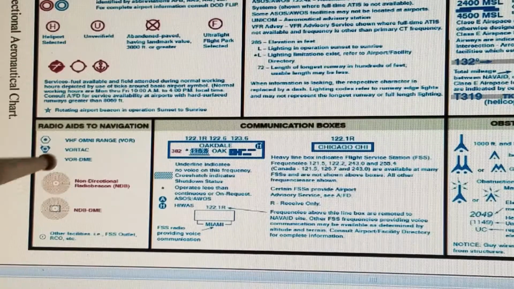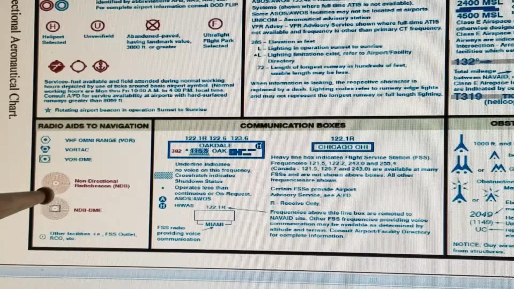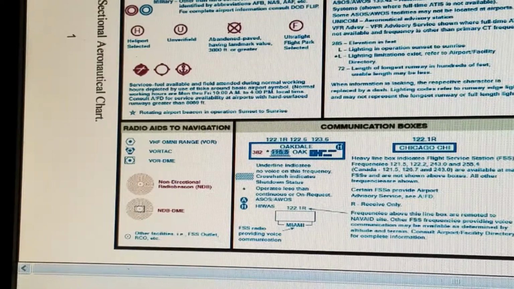This is the symbol for non-directional, and another symbol for NDB DME. Those are good to know, but as I said, they will be phased out as time goes on. ADS-B, that is automatic dependent surveillance, is the satellite-based navigation aid. We dealt with that in our module 4 in a lengthy manner.